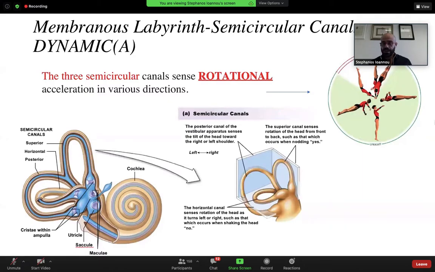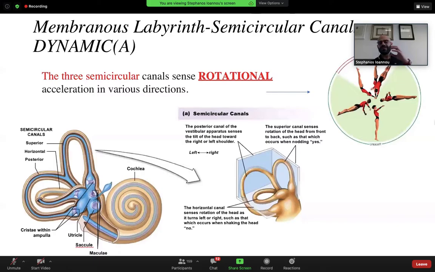Now, you might be wondering, why exactly do I have two organs more or less doing the same thing? Why would I have the otoliths as well as the crista and the cupula doing the same thing? The otoliths are very sensitive organs, and they facilitate mainly micro movements of the head.